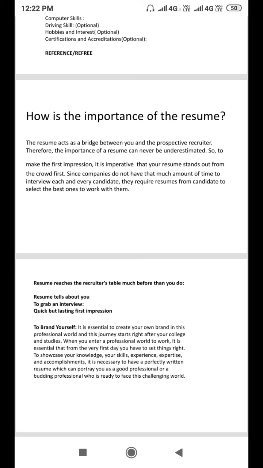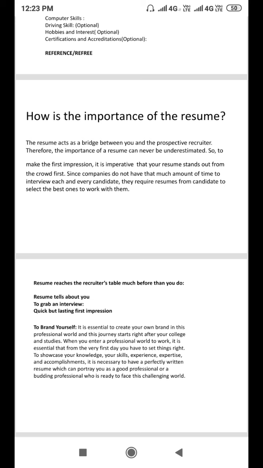In a nutshell, the resume reaches the recruiter's table before you reach them. So before you reach, the recruiter already has your resume, and they will have ideas about your personality. The resume tells everything about you, whatever person you are, what experience you have.